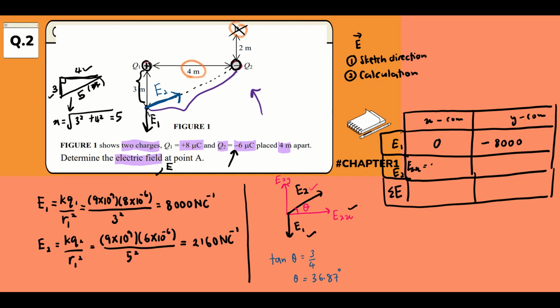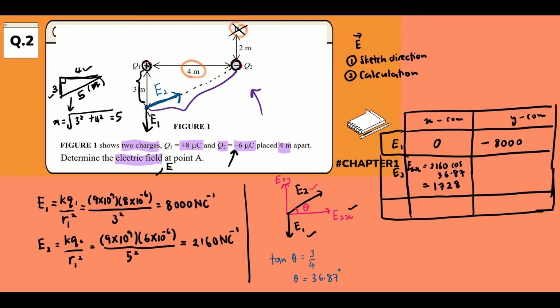So it's 2160 cos 36.87, which gives 1728. E2y is going to be 2160 sine of the angle 36.87.